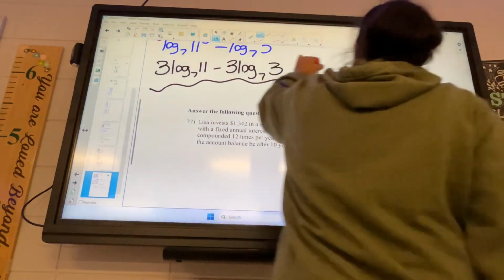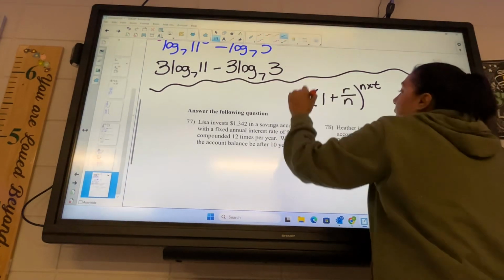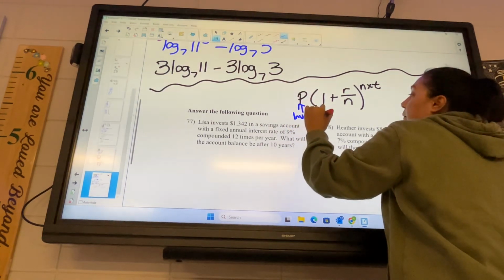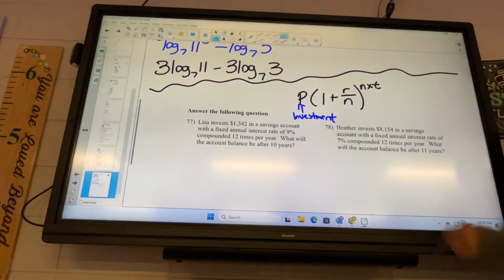Okay, and then last one, you do use this formula. The P stands for what? The big one, the first number in it. That's our first number, our investment. What's the R stand for?